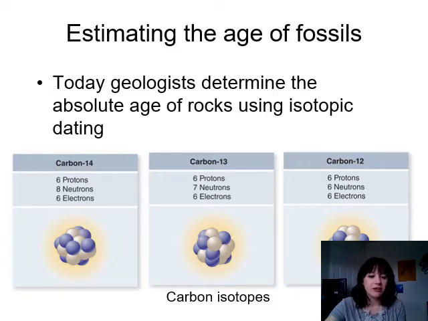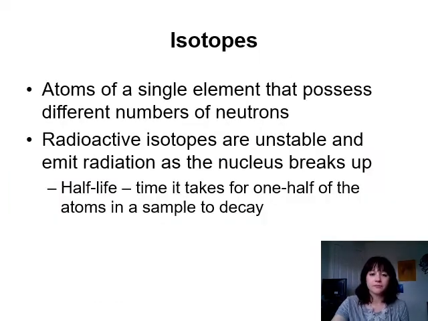So 6 plus 8 gives us 14. And over time, carbon 14 is going to lose a neutron and become carbon 13. 6 protons and 7 neutrons gives us 13, and so forth to carbon 12. And scientists know exactly how long it takes. They have estimates of how long it takes for carbon 14 to convert to carbon 13 and so forth.